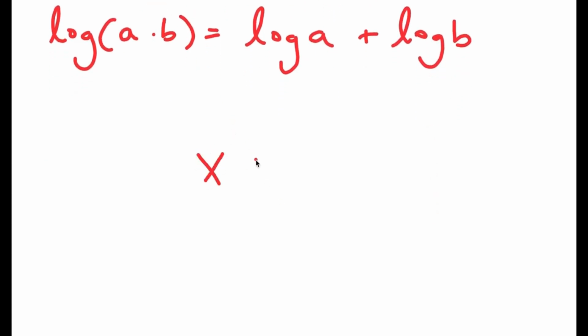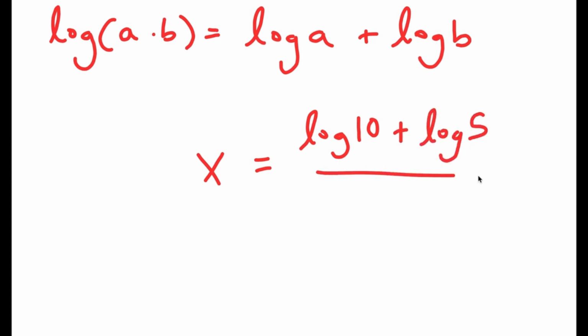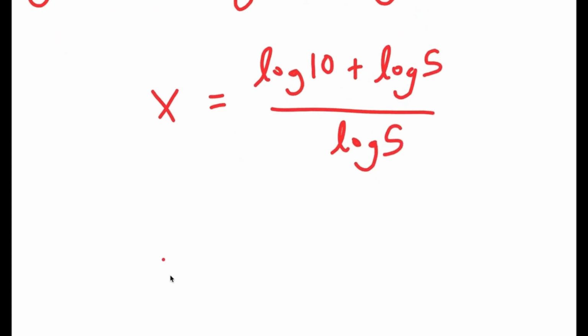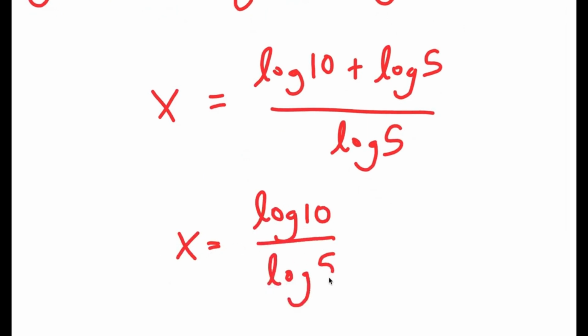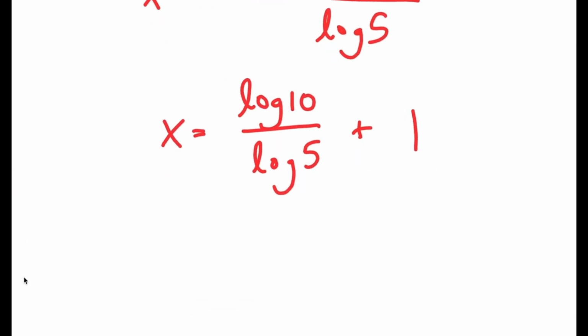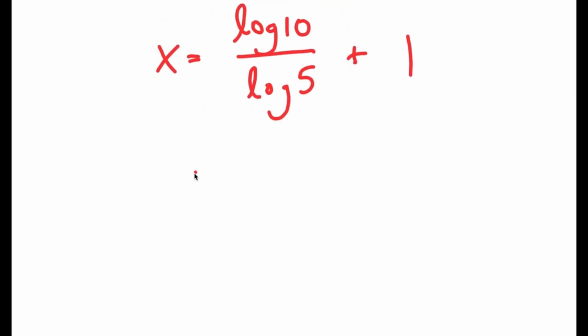So now this turns into log 10 plus log 5 over log 5, which is the same thing as log 10 over log 5 plus log 5 over log 5, which is just 1. And log 10 is also equal to 1.